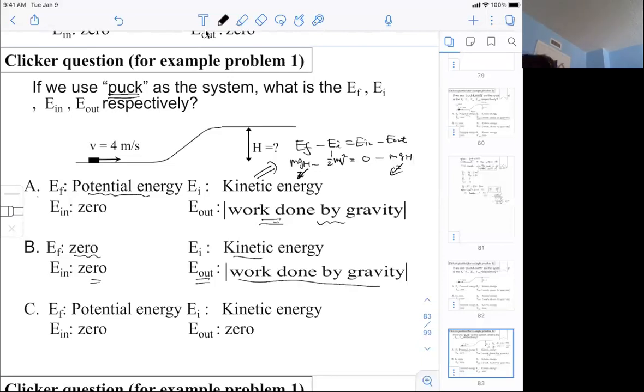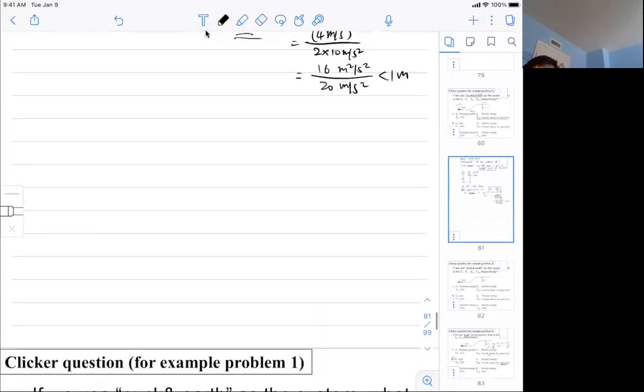You're right, because now gravity is doing negative work on the puck, it's slowing the puck down, right? So you can think of all the kinetic energy of the puck now as being transferred out, and the work done is through the work done by gravity. So B is correct.